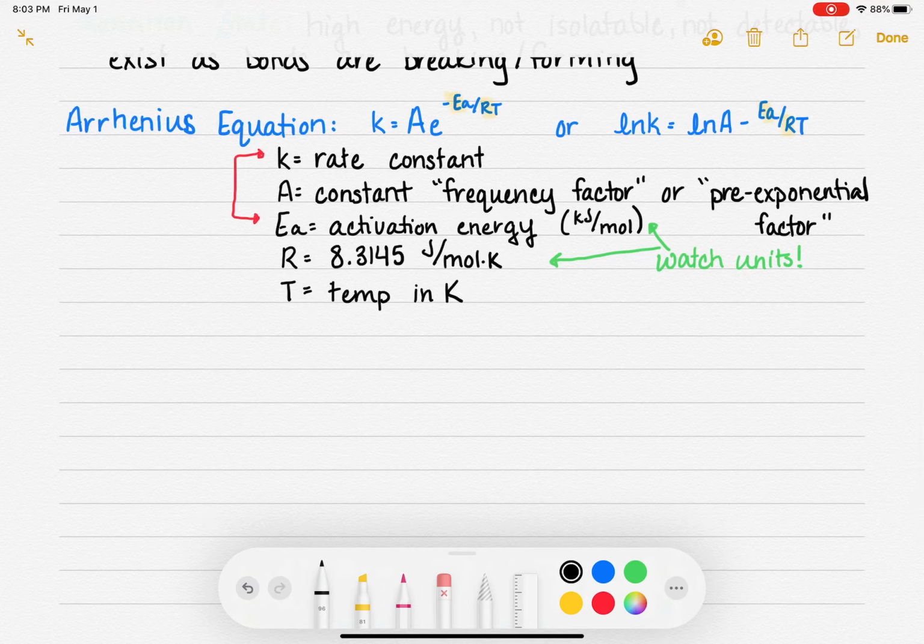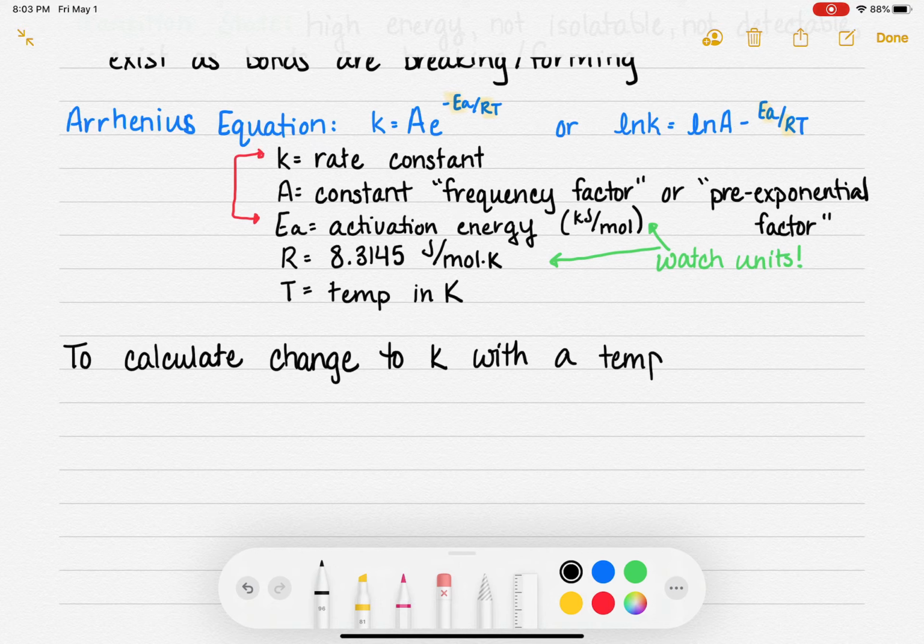So I'm going to show you another form of the Arrhenius equation that we will use quite a bit, if we want to calculate the change to the rate constant with a change in temperature. Let's say that we did a reaction at a specific temperature and we measured K for that temperature.